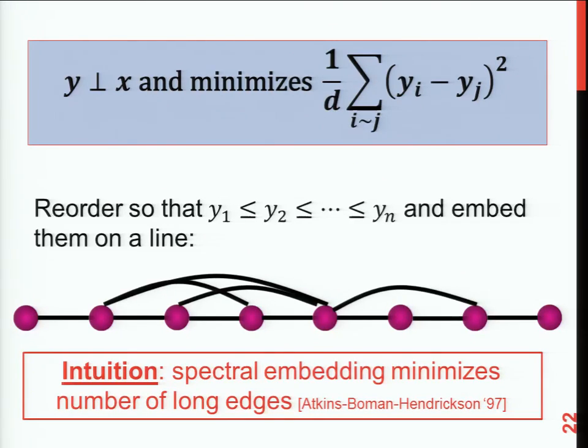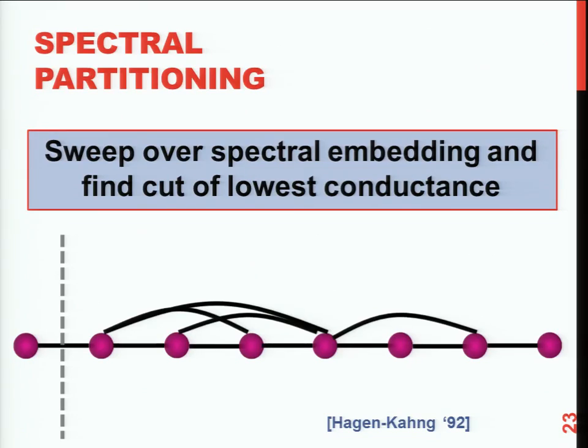So this is some intuition, and the algorithm for finding a two-way partition is just this. You do this spectral embedding, meaning you order the nodes in the order given by the second eigenvector, and then you sweep over them. For each of these cuts, you find the conductance.